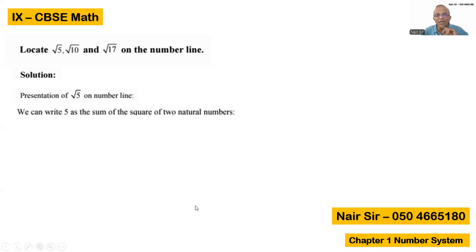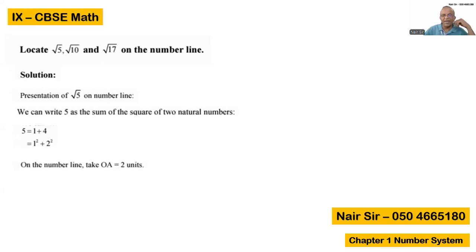So here the key part is, look at this word: it is natural number. Let's go further. It's telling me I can write 5 as 1 plus 4, and that can be written as 1 square plus 2 square.